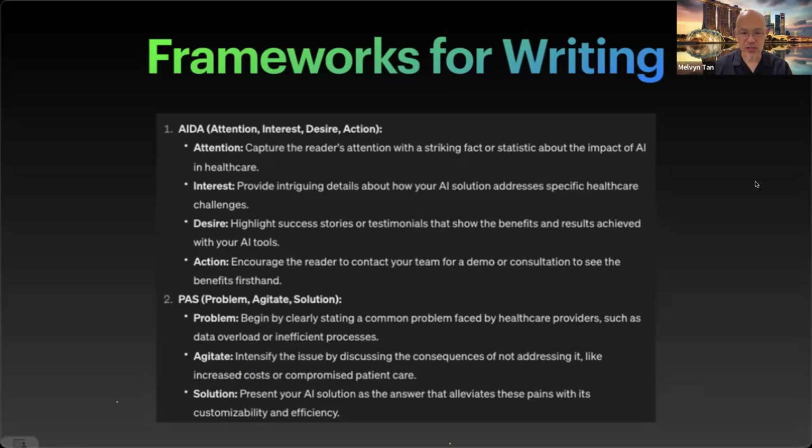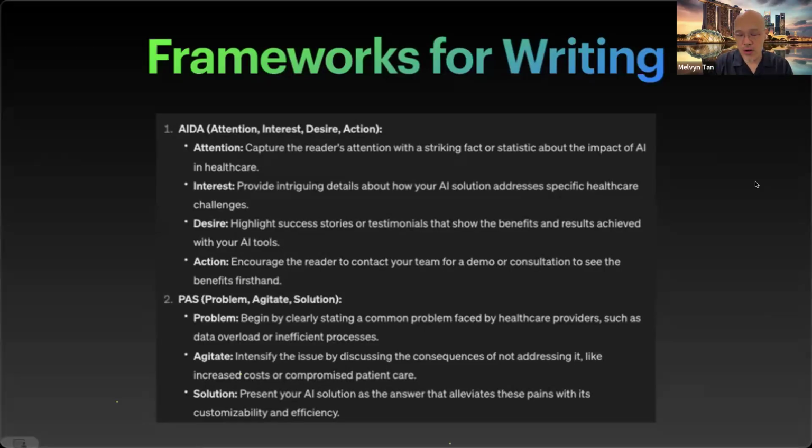Because if you just ask ChatGPT to write something convincing a group of people to buy my product, it'll probably do a fairly good job. But if you ask it, hey, I want you to write using this framework, PAS, problem, agitate, solution, ChatGPT is then going to give you the output in this format itself.